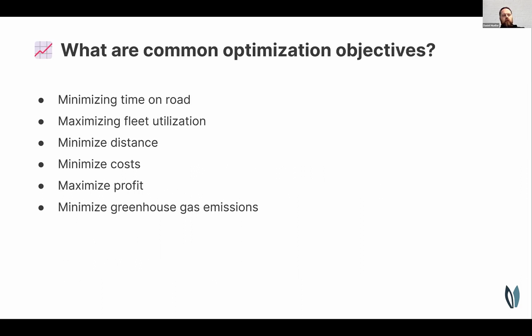And of course, we might have some optimization objectives that we want to consider in the model that we are trying to optimize for. This could be, for example, minimizing time on road for vehicles. It could also be something like maximizing the fleet utilization or minimizing distance. It could also be something more general, like minimizing costs or maximizing profits, or something completely different, like minimizing greenhouse gas emissions, for example.